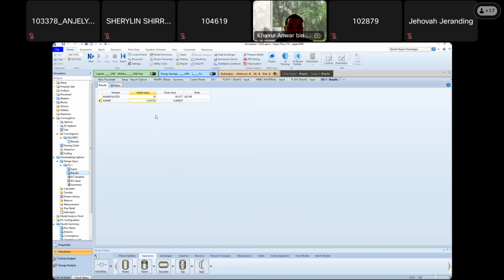And we do the iteration. The optimum MIBK flow rate for the MIBK2 stream is 192 kg per hour. We get the 0.95.